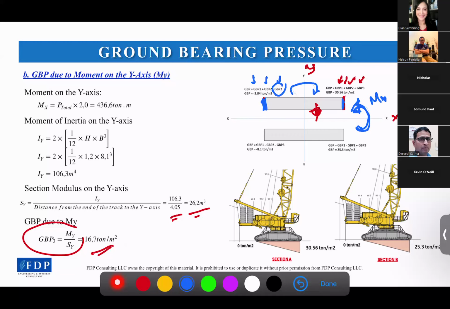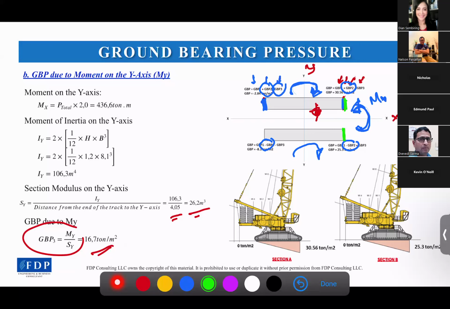So that's why we put ground bearing pressure 2 as a positive at this side, and the ground bearing pressure 2 as a minus on this side. And for the ground bearing pressure 3, because this moment Y makes the crane rotate this way, it will give more pressure on this side of the tracks.